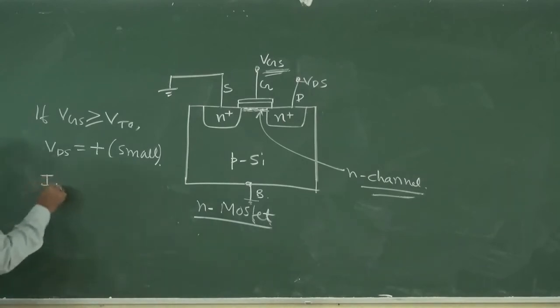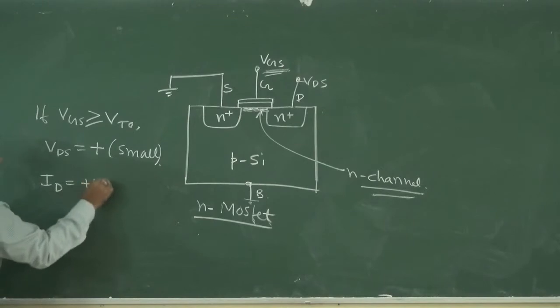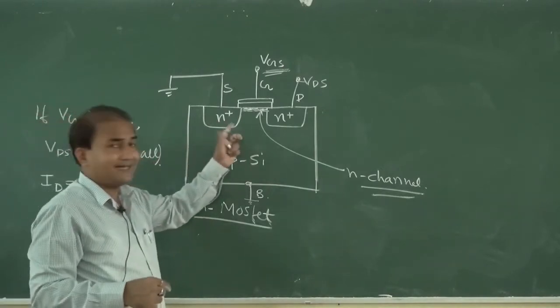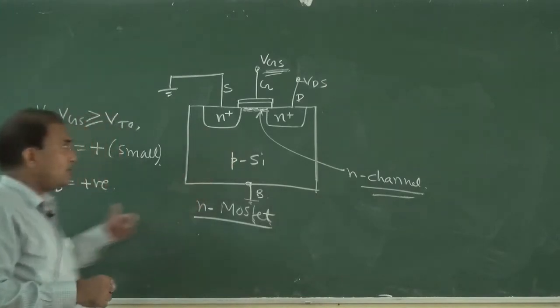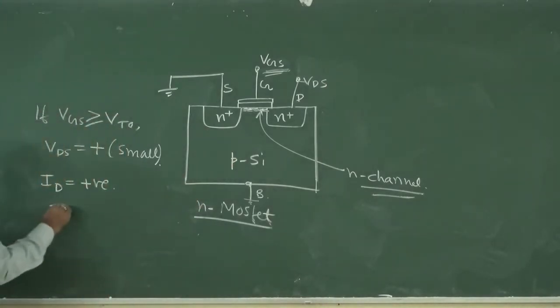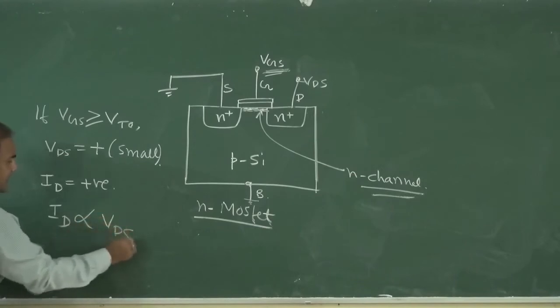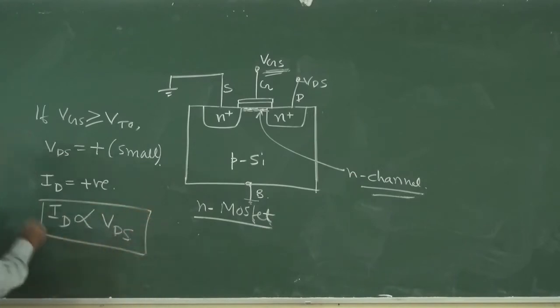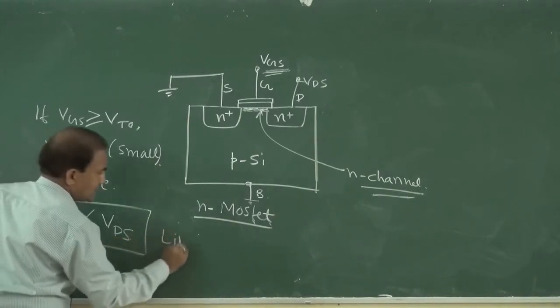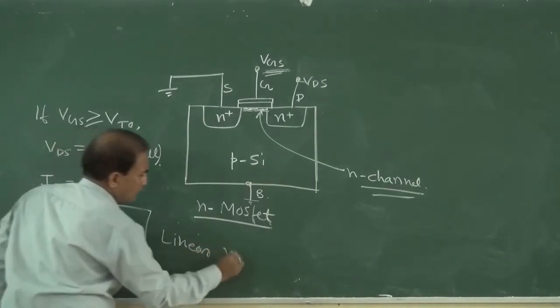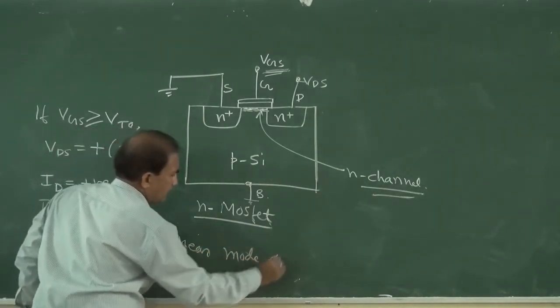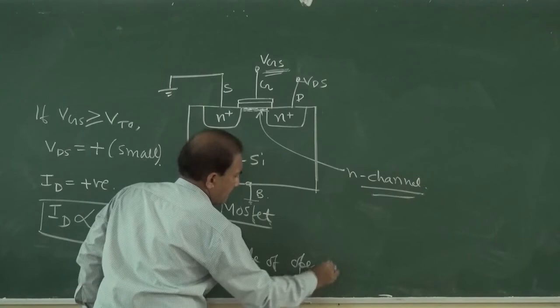Then ID current will flow between the source and the drain terminal. In this case ID is linearly proportional to VDS. This is also known as linear mode of operation.